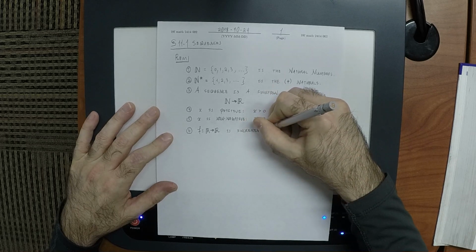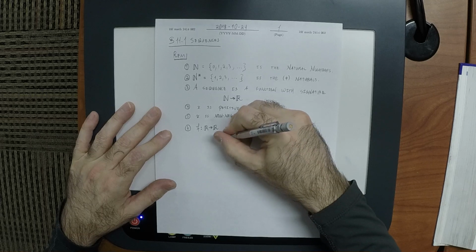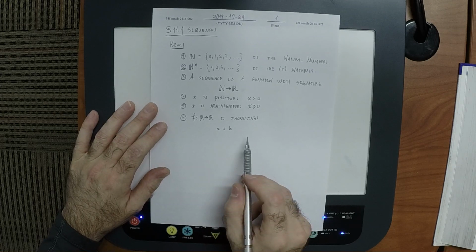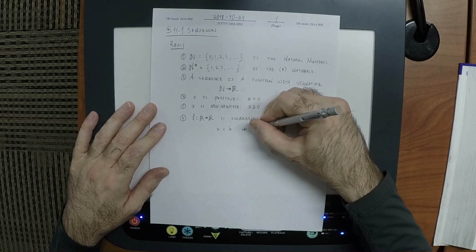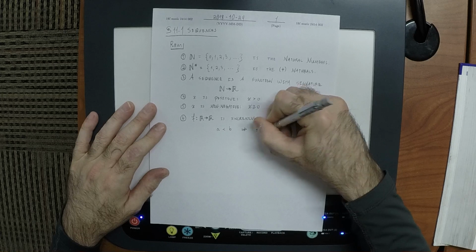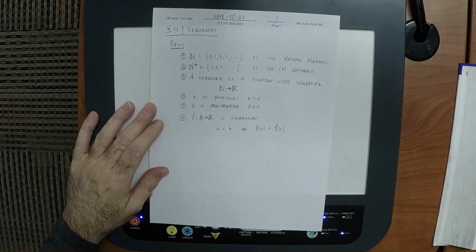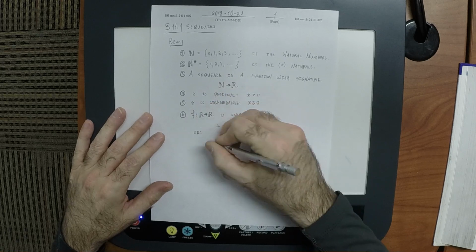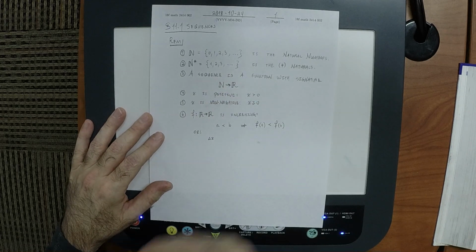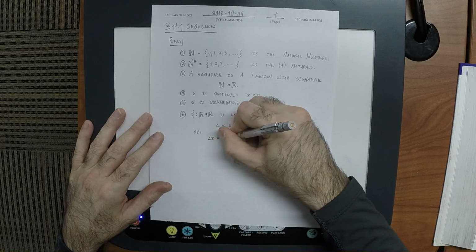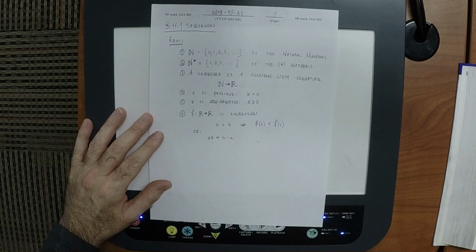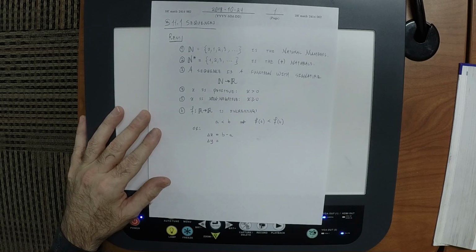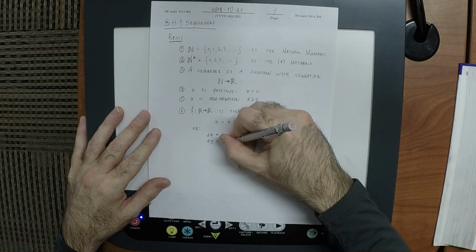What that means is that if you have A is less than B, and in some sense you're saying I'm going to move from A to B, that will imply that f of A is less than f of B. Using slightly different symbols, if we write delta x, the change in the input, is B minus A, because you're moving from A to B, and the change in the output will be what? Right, f of B minus f of A.